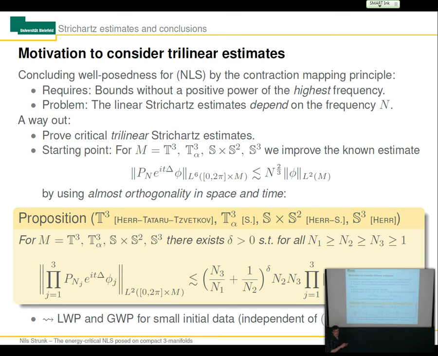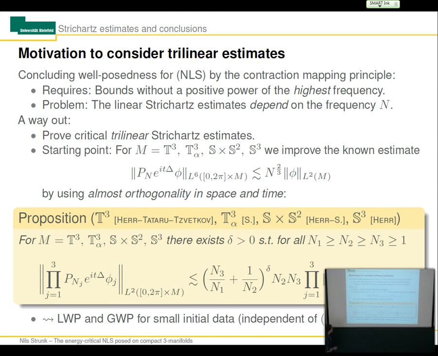So this is a negative power, and this is very crucial. If you just forget about this term, then we have a scaling invariant estimate with these terms over here, but we gain a little factor of n1. And this is the main advantage.